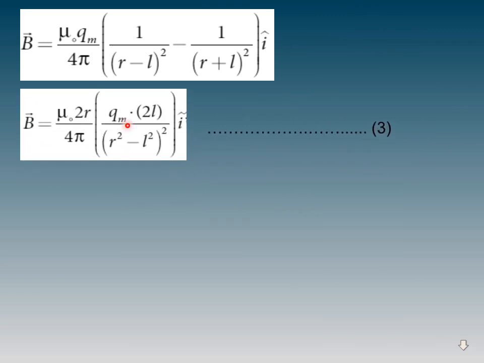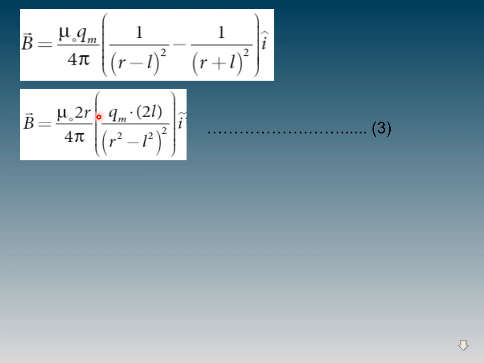B vector. We take mu naught into Qm by 4 pi as common, so 1 by (r minus l) the whole square minus 1 by (r plus l) the whole square into i cap. And if you take the LCM, you get 4rl divided by (r square minus l square) the whole square.